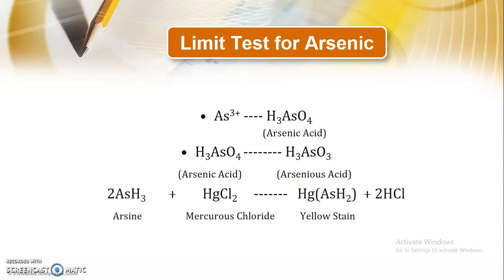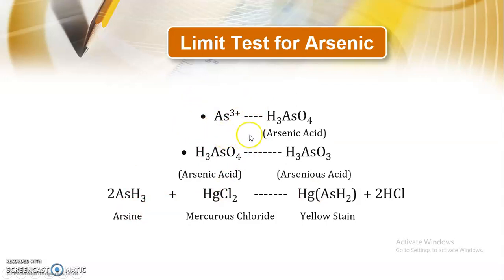And in the last step, the arsenious acid is converted into arsine gas, and this arsine gas reacts with the mercuric chloride, which leads to the formation of the yellow stain. In this way this yellow stain is produced, and we are going to compare it with the standard. In the standard also the reactions will be the same, but the amount of arsenic may be different.